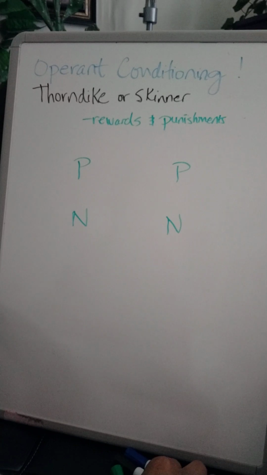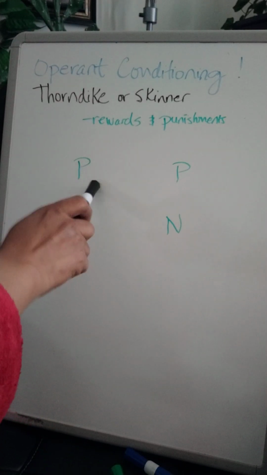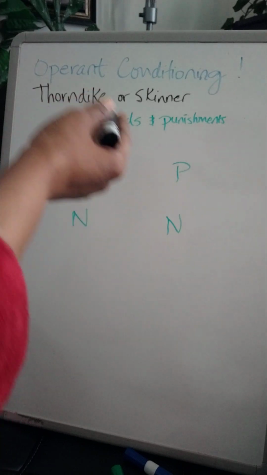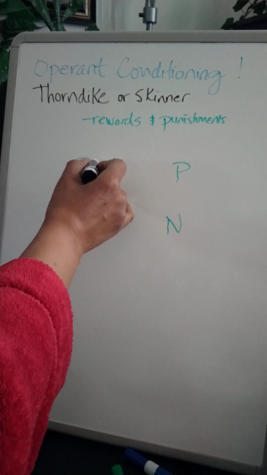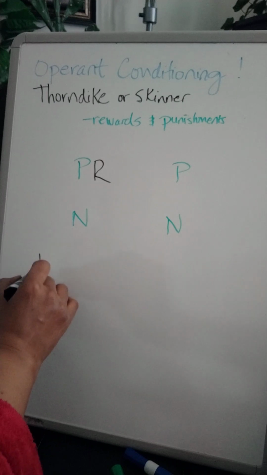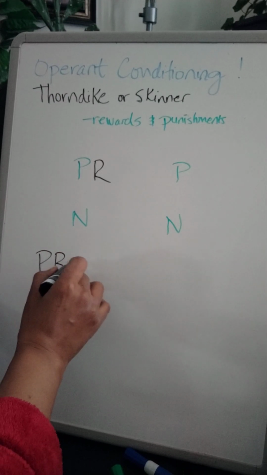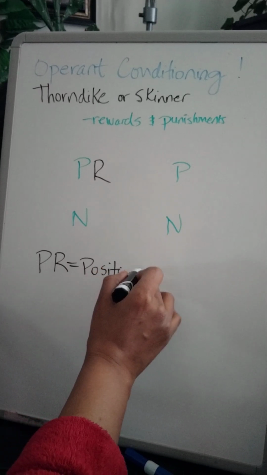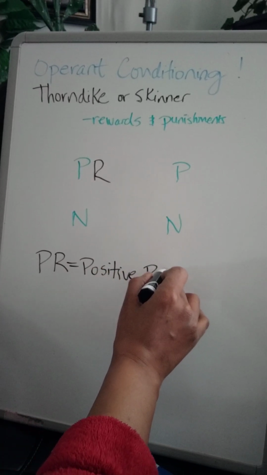Well, let's see. In the first P, let's use that as to give something good. So this will be PR, positive reinforcement. Let's write it down here. PR is your positive reinforcement.